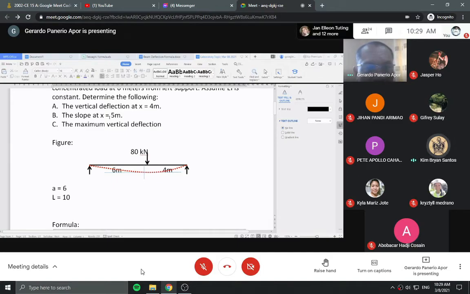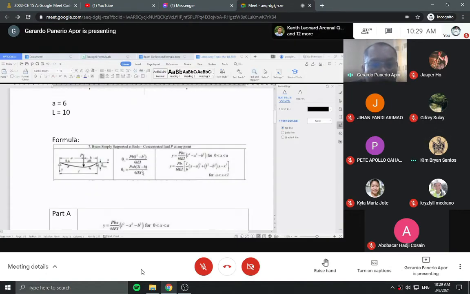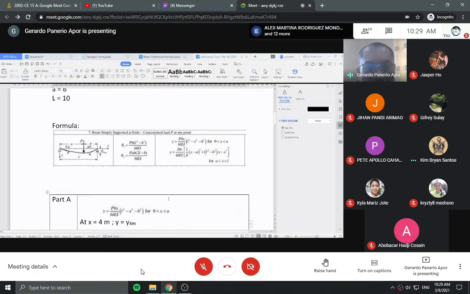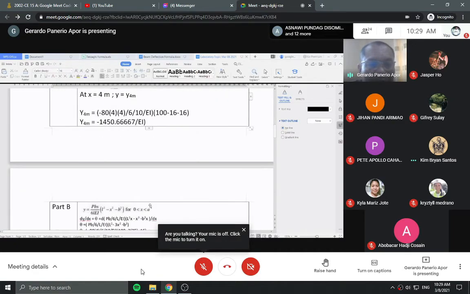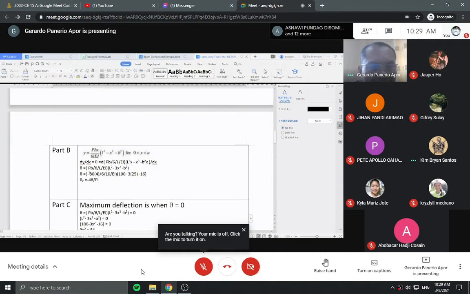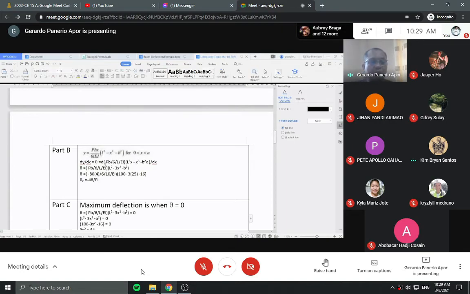But can we just use the formula, sir? There is no function of x here. This is a support. There is no formula for the slope. If you make your own table, you can put the slope formula so you can use theta at any time. But at this point, since we don't have a formula for theta, that's why we make our own equation for theta, because we know from calculus that if you have a function of y, the derivative of y with respect to x is known as theta, or the slope.